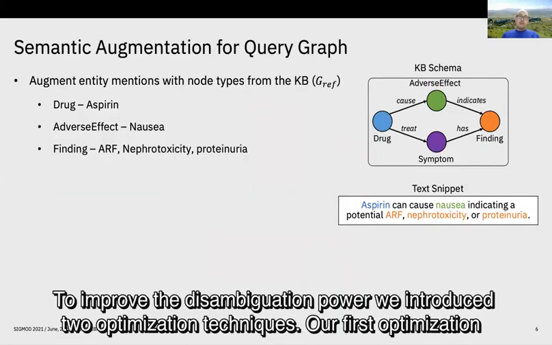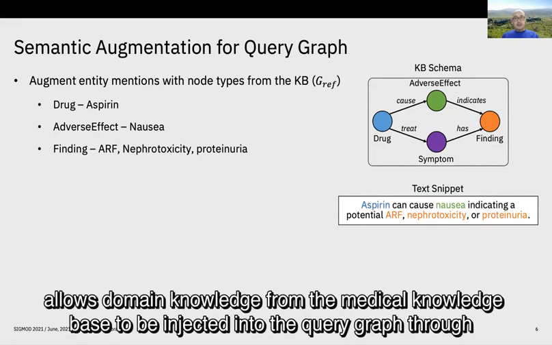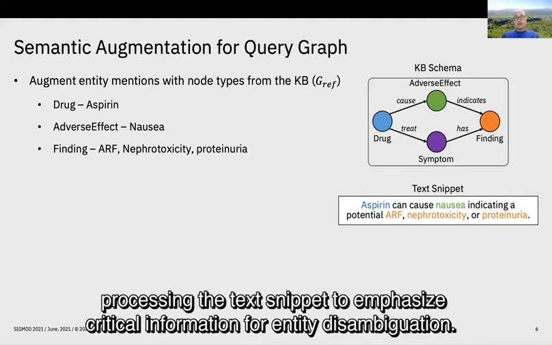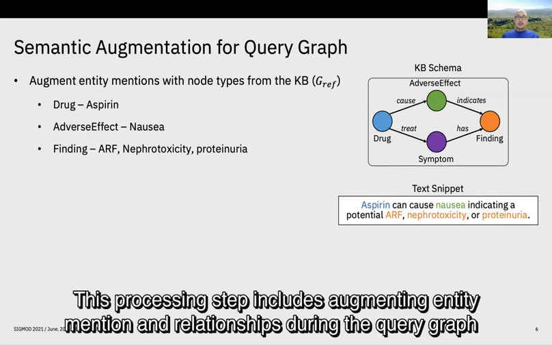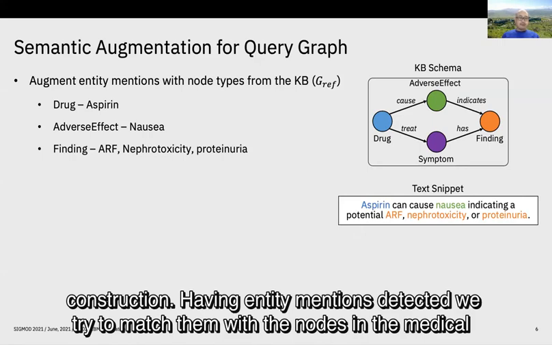To improve the disambiguation power, we introduced two optimization techniques. Our first optimization allows domain knowledge from the medical knowledge base to be injected into the query graph through processing the text snippet to emphasize critical information for entity disambiguation. This processing step includes augmenting entity mention and relationships during the query graph construction.